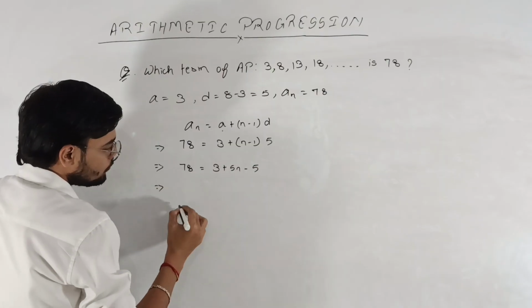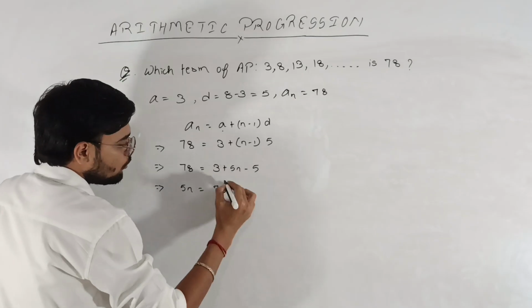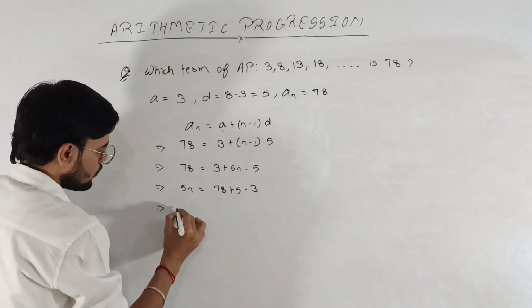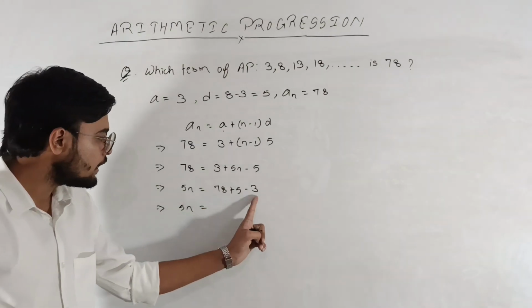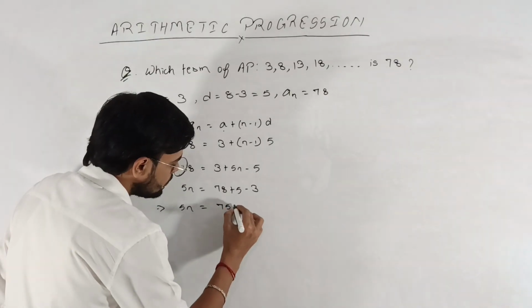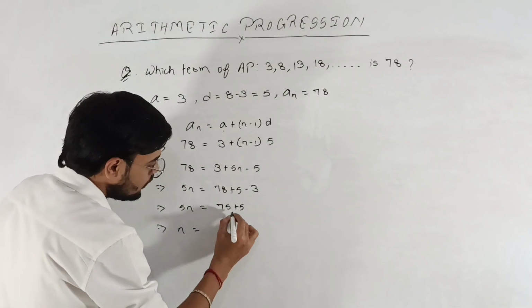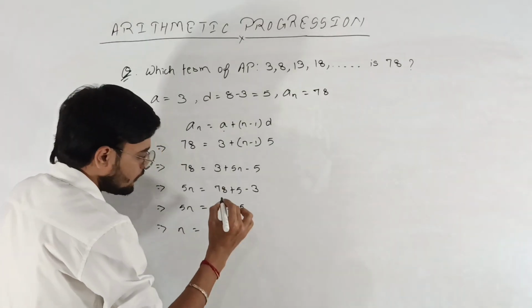From here, 5n is equal to 78, this 5 goes to that side as plus 5, and this 3 becomes minus 3. So 5n = 78 minus 3, which is 75, plus 5.